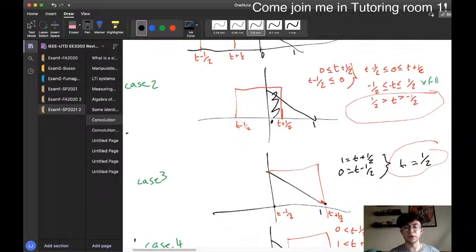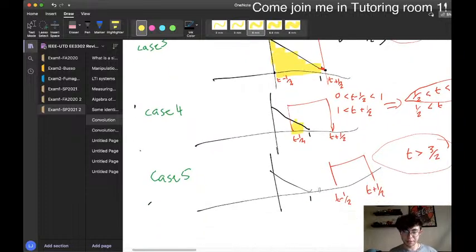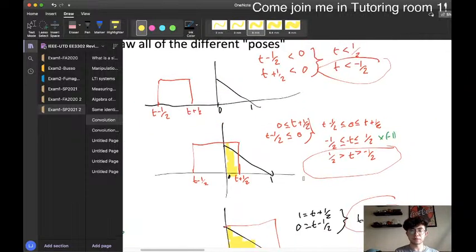So this one, there's overlap there. This one, let me draw it in yellow. So this region's overlapped. This whole region over here is overlapped for case 3. This whole region over here is overlapped on case 4, the smaller one. And then there's no overlap on case 5.